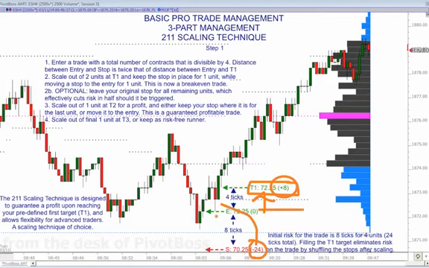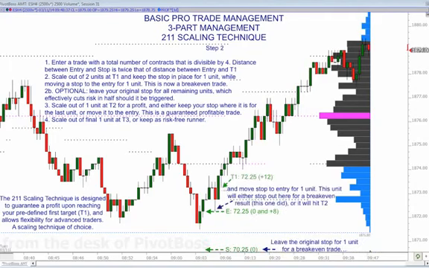And the idea here is get 4 ticks as quick as possible, right? And if you do, scale half that trade, and then what happens is you limit the risk. So you can see right here, leave the original stop here. After you trigger that, plus 4 on 2 units gives you plus 8.